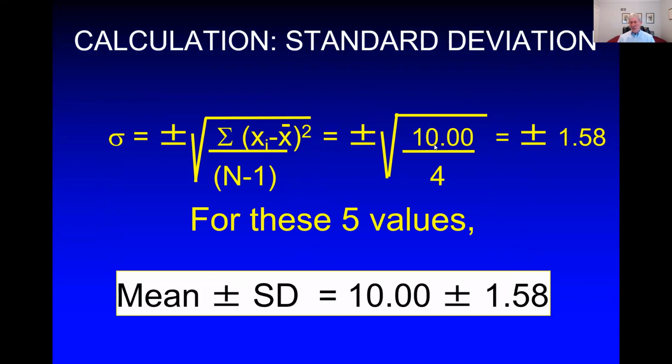We simply say 10 divided by 4 is 2.5, and then hit the square root key. And the square root of 2.5 is 1.58. So here's what we've got. Mean plus or minus sigma. That's the same as mean value or average value plus or minus the error, which is 10 plus or minus 1.58.